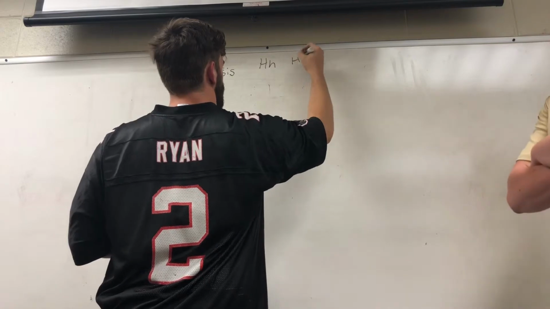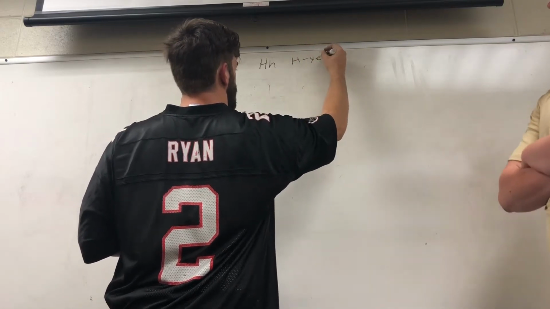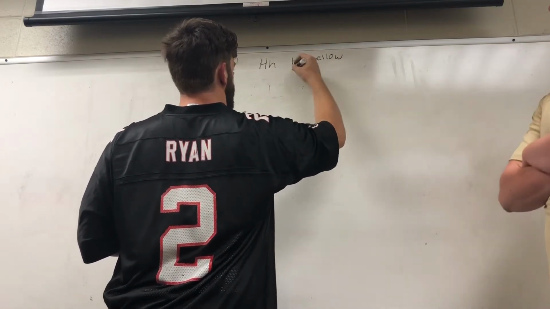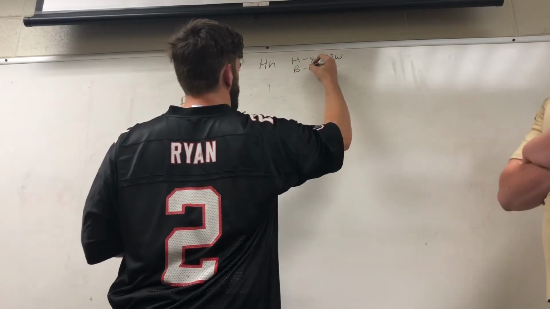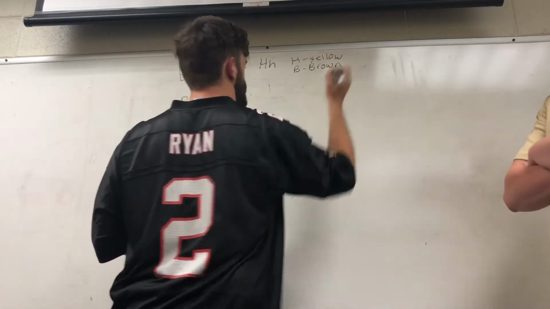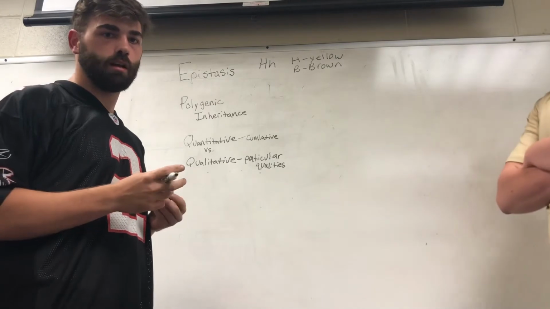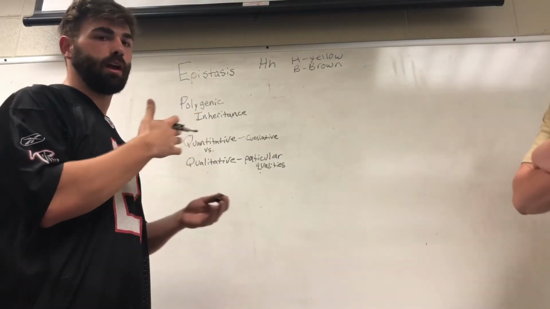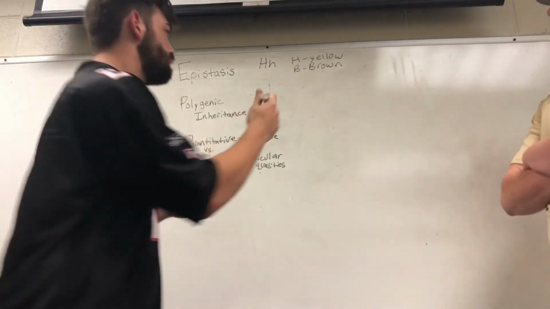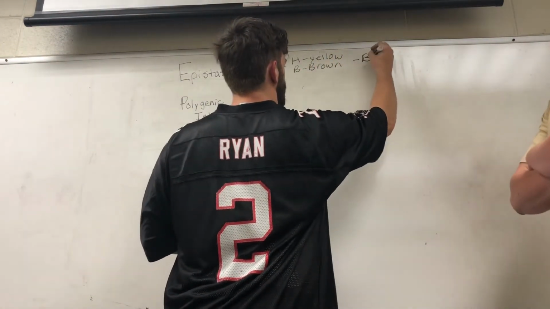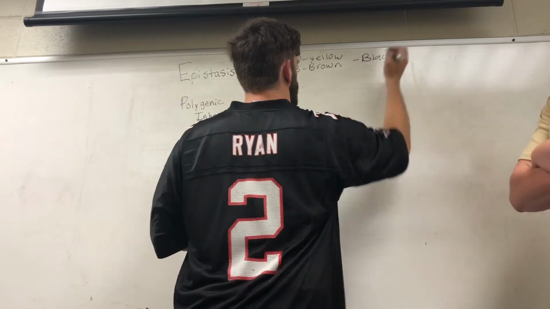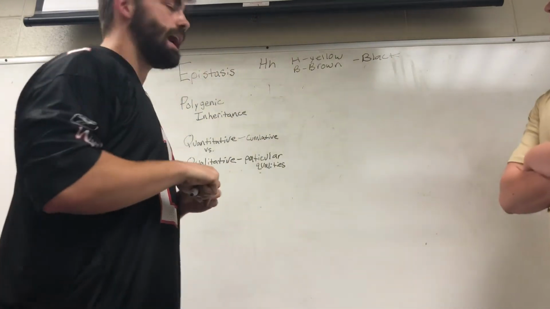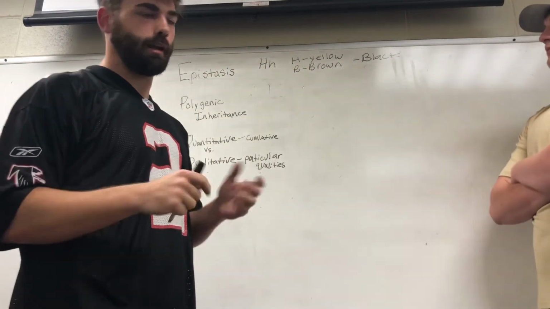H is dominant for yellow labs, and then say B would be dominant for brown. It would be essentially a dihybrid cross for both yellow and brown that would create a specific form that would give you a black type fur. So you're essentially doing a dihybrid cross for the same trait.